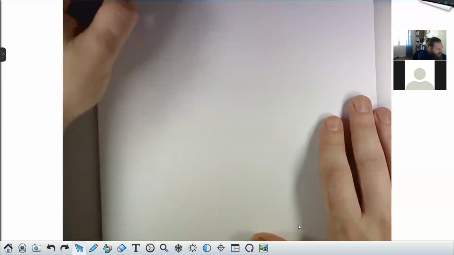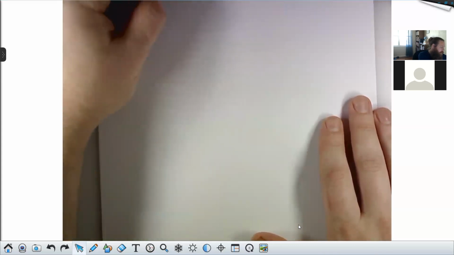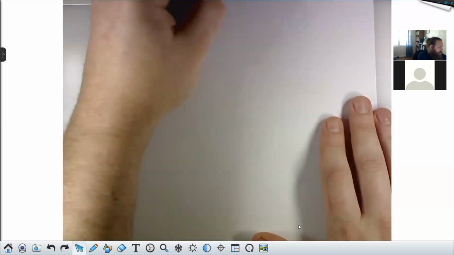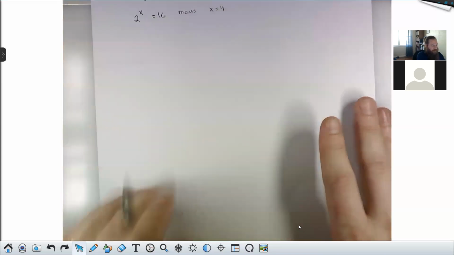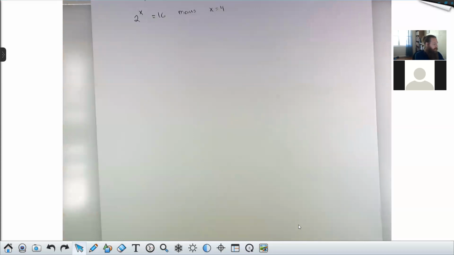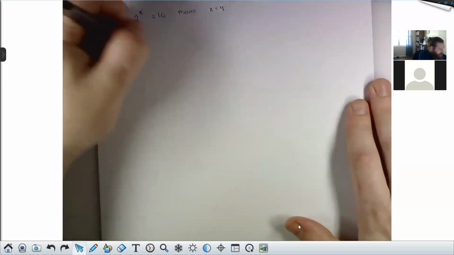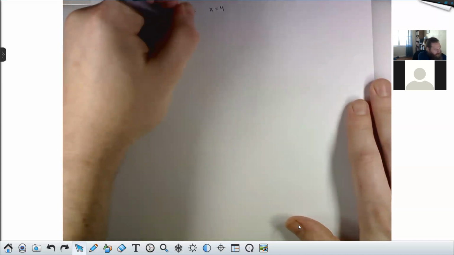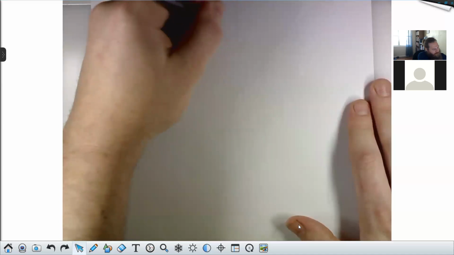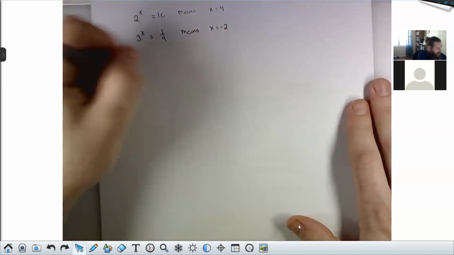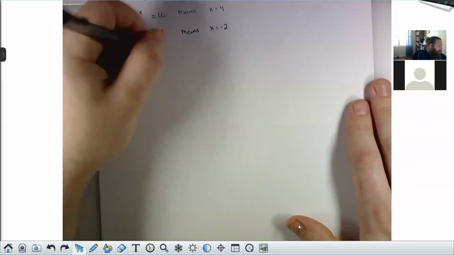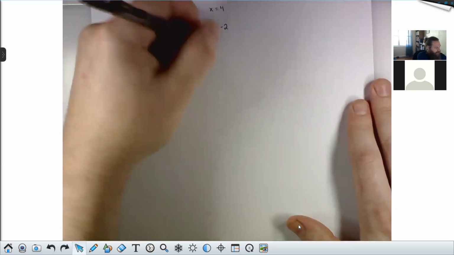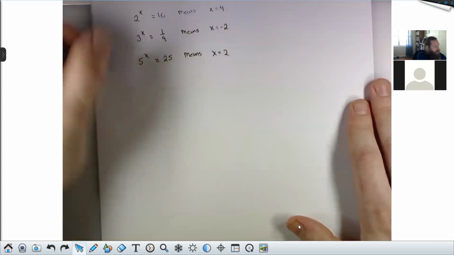Previously, we said that 2 to the x equals 16 means x equals 4. We also said 3 to the x equals 1/9 means x equals -2, and 5 to the x equals 25 means x equals 2.